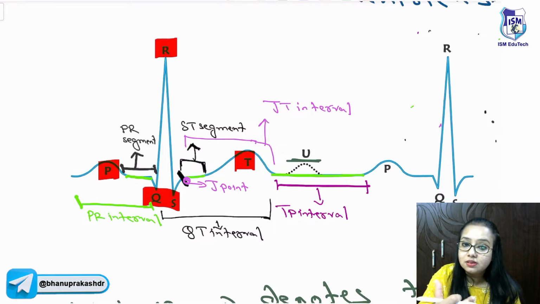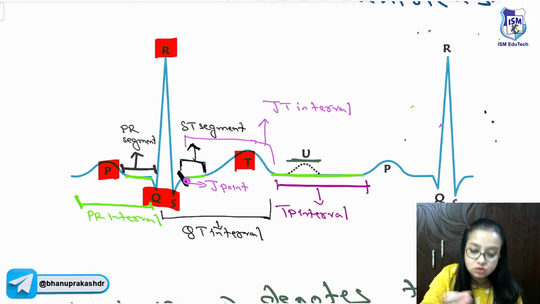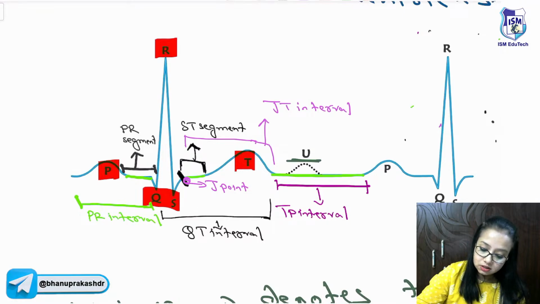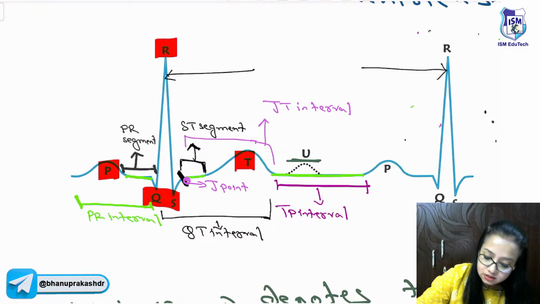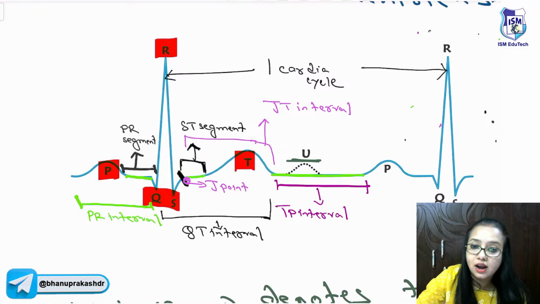Since the R wave is the peakiest, the tallest one, it is easily seen by our eyes. It can be easily read in most of the leads. That also varies. We will come to that. The gap between two R waves is one cardiac cycle, or one heartbeat.